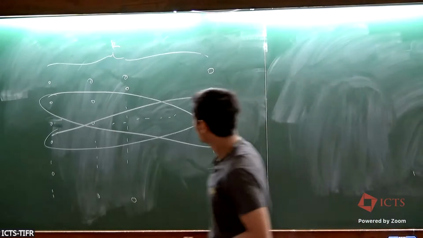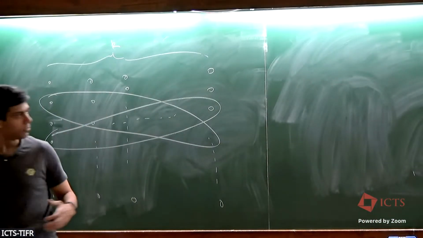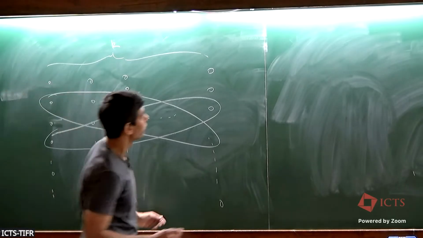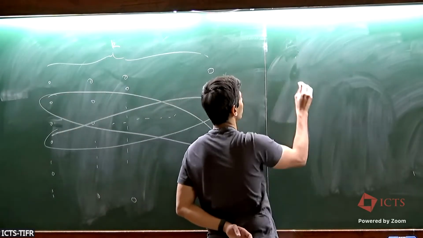Okay, so I'll call this kind of a complex splittable. I'll define a property. Let me write here.